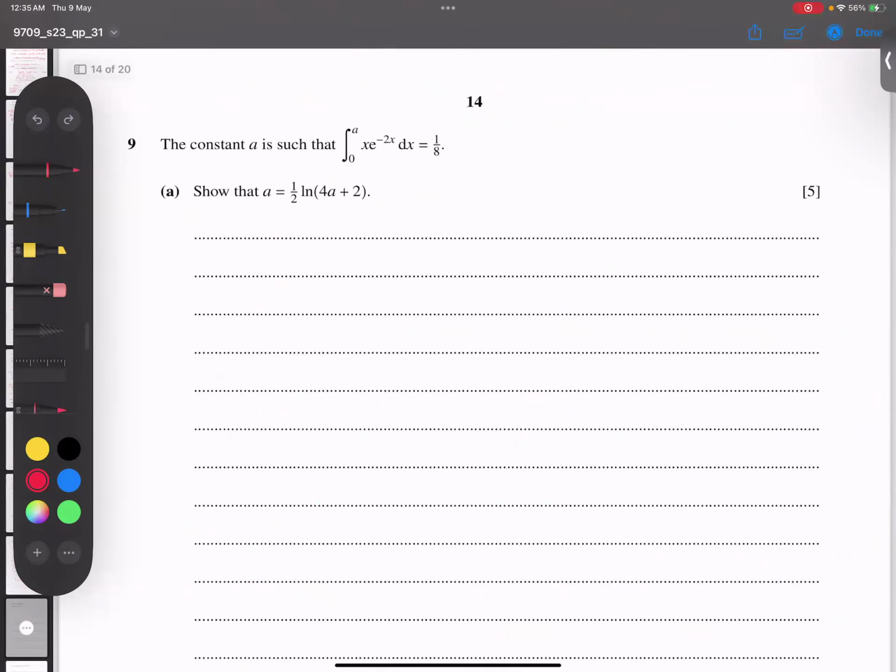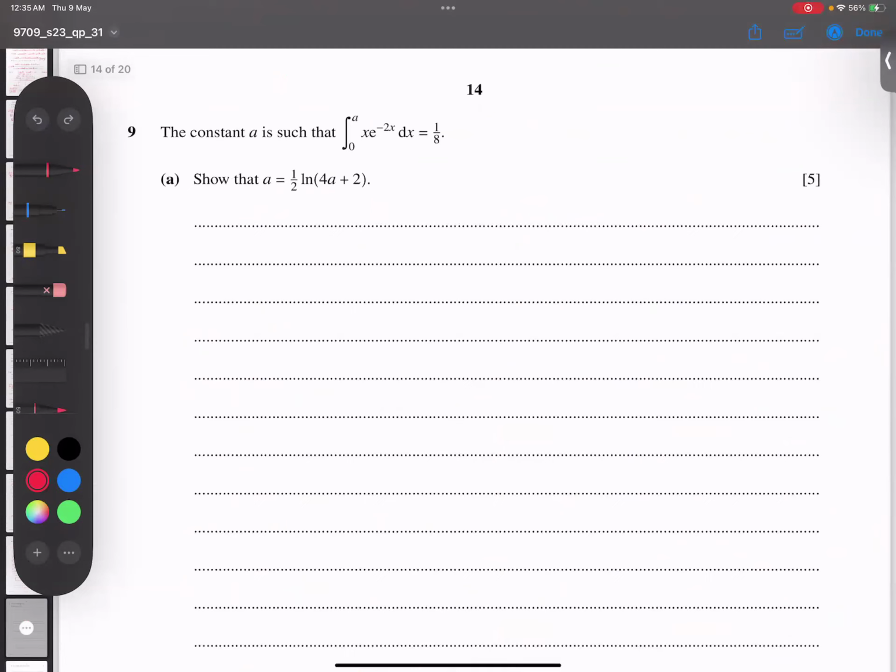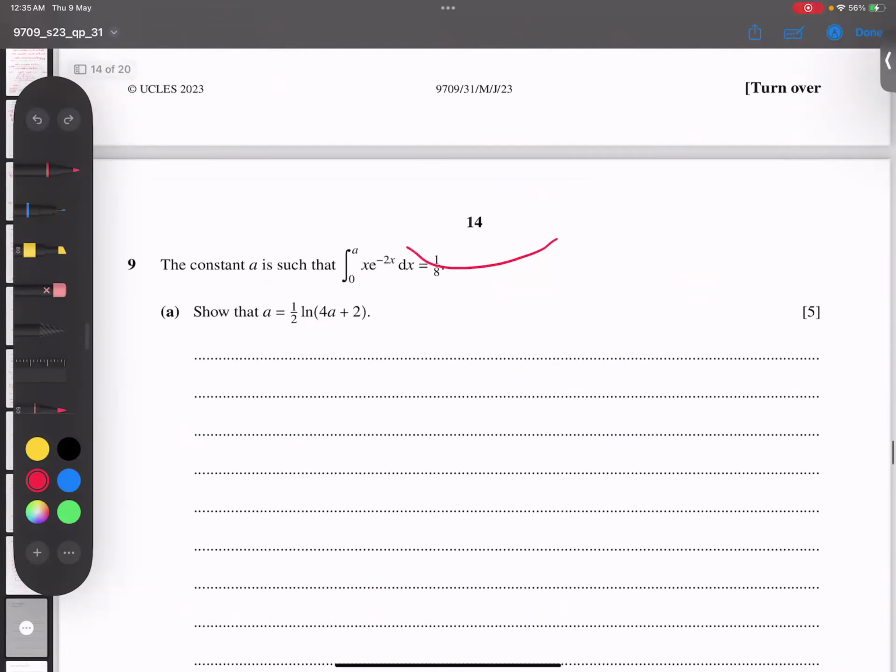Question number 9. We have a constant A, we are given this integral, and we have to do integration by parts and show this target.